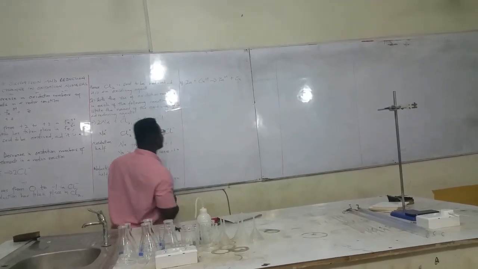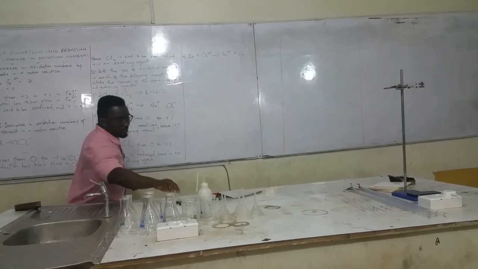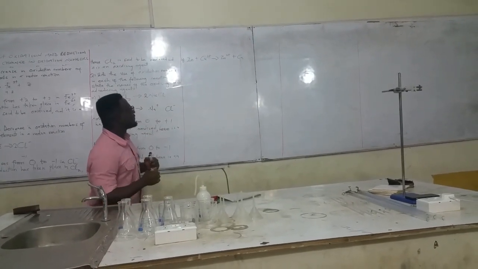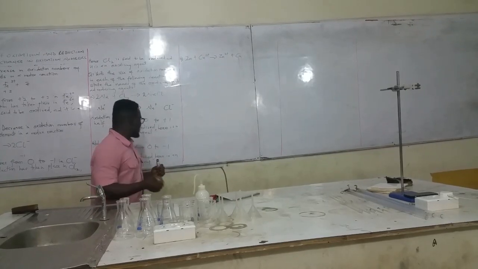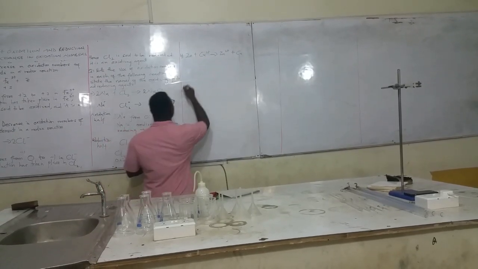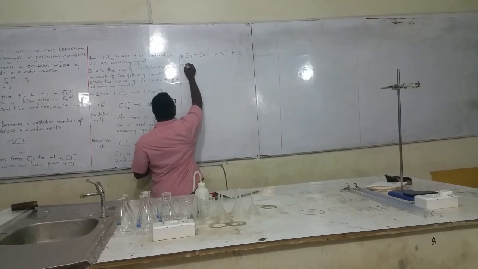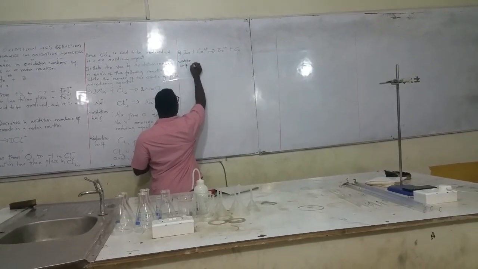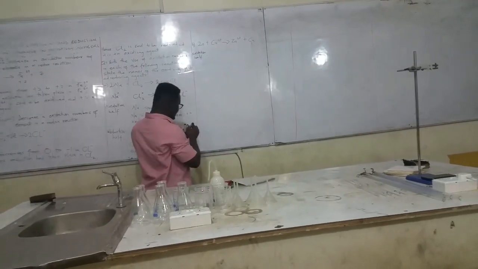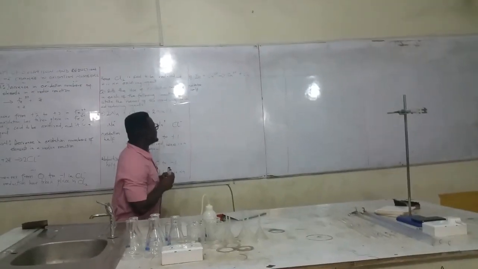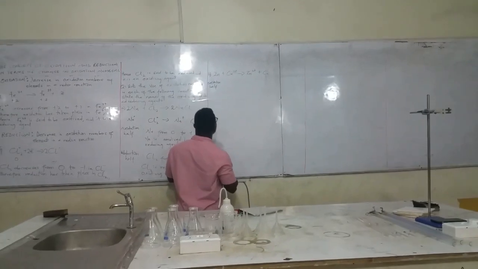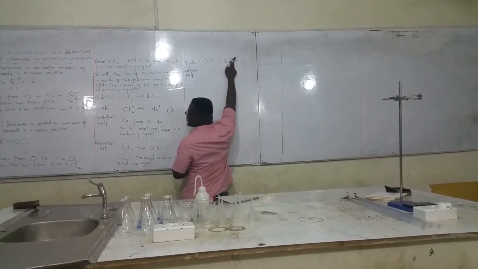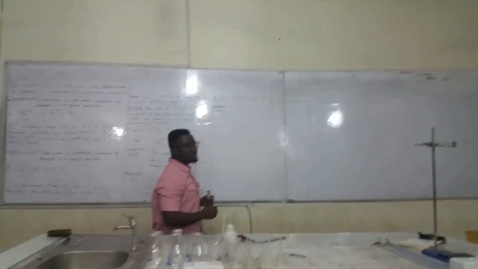Now, solution. Here we want to determine the oxidation half and then the reduction half. So oxidation half. Now we are going to look at the oxidation numbers. Zn is 0 and then it is plus 2. So it means that there has been an increase.